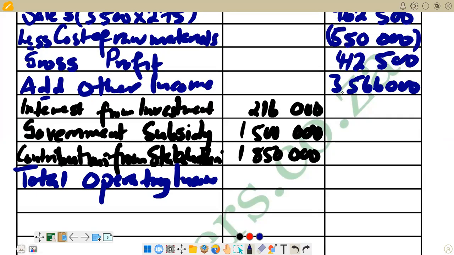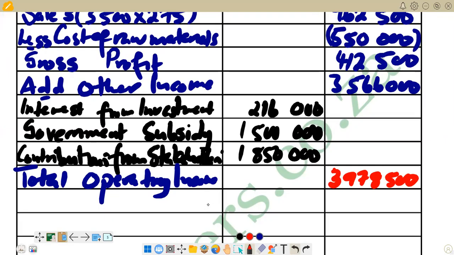So if we add these two figures, the total that you are supposed to get there is going to be 3,978,500. We've got 3,000,000 here, 978,000, and then we've got a 500 that we have here. So this is what we have in terms of our total operating income.